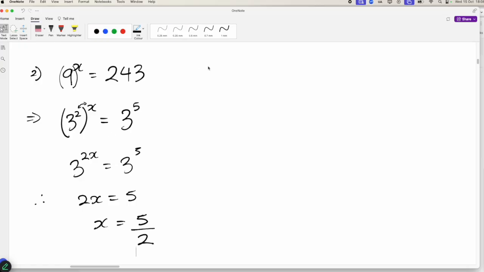Number 3. Imagine I have a situation like this, where I have 2 multiplied by 8 to the x plus 2. Yep, you're seeing that right? And that is equal to 16 to the x plus 1.